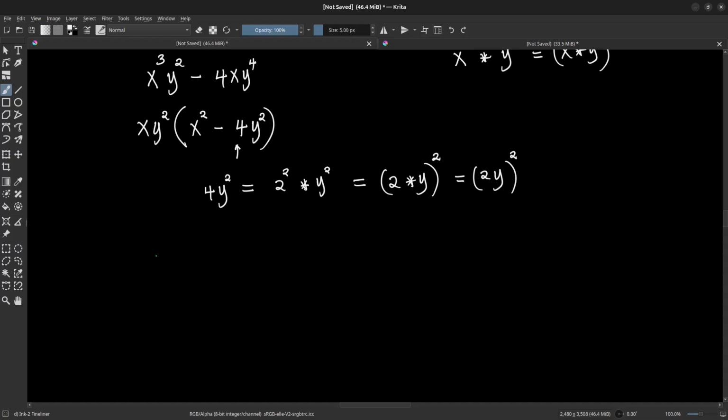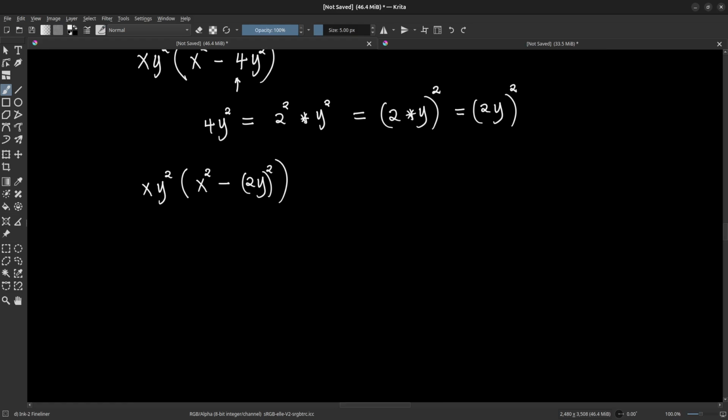Okay, so now our expression becomes xy squared, then in brackets we have x squared minus, now the 4y squared becomes 2y squared, and we close the bracket. So notice something else. We have x squared minus 2y squared. This is in the same format as a squared minus b squared, right?